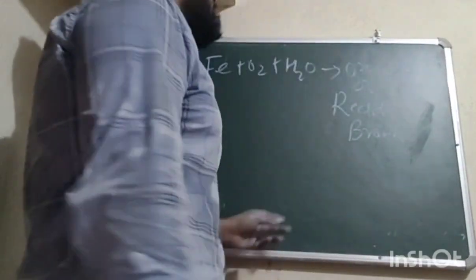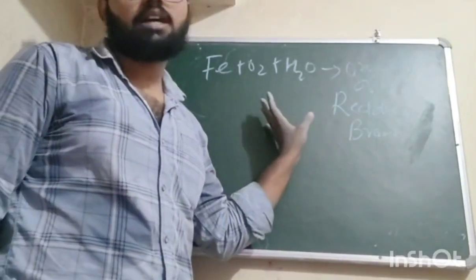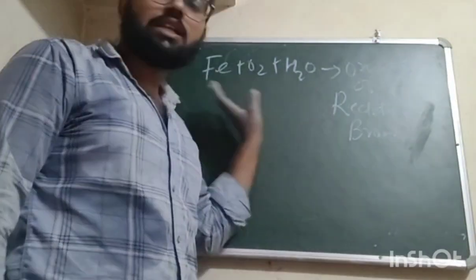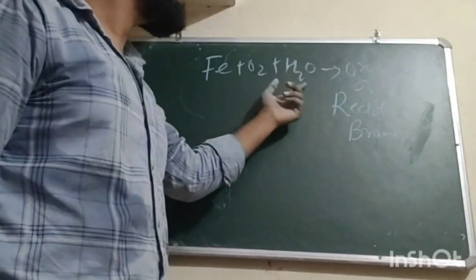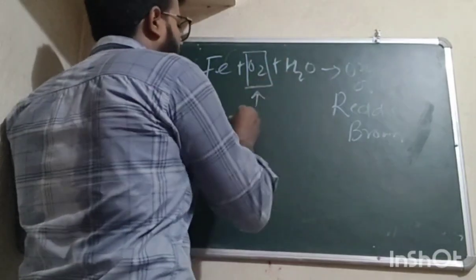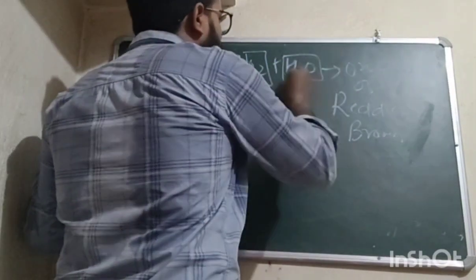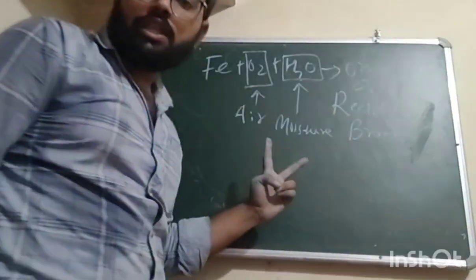This is the equation of rusting for iron. If the examiner asks you to write the equation for rusting, please write this one. Fe plus O2 plus H2O. So to rust, iron needs air and it also needs moisture. Both things should be present.